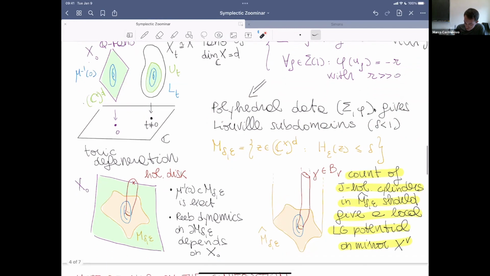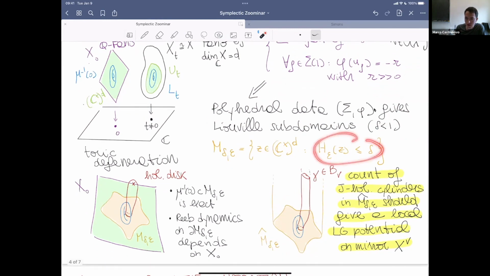And if you consider sub-level sets of the polyhedral Hamiltonians I just described, they give you Liouville domains in C star D that you can think of as this green region here, the maximal torus orbit of this singular toric variety.